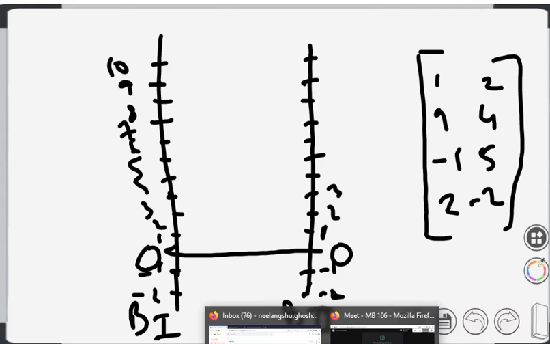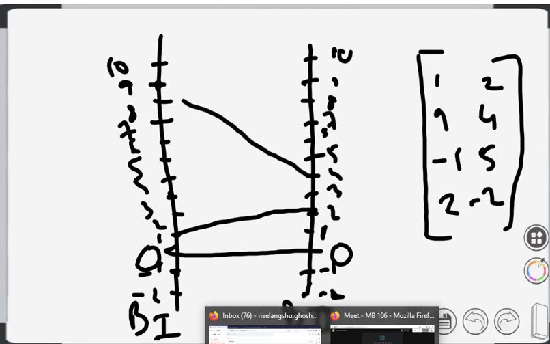So join 1 and 2, then 9 and 4. So this is B1 and this is B2.